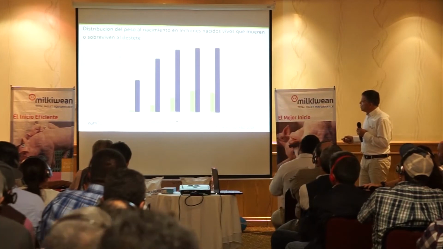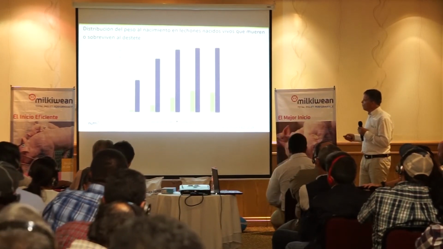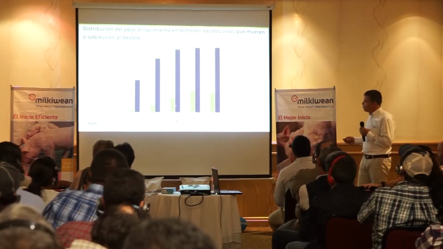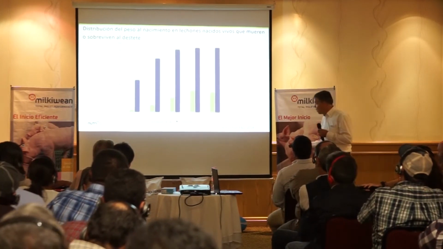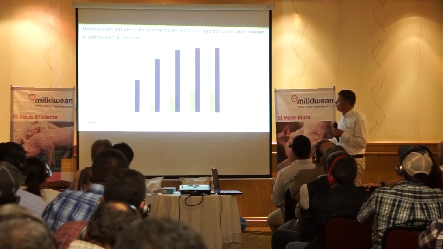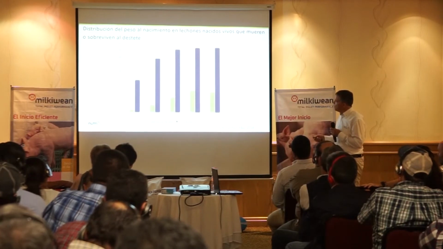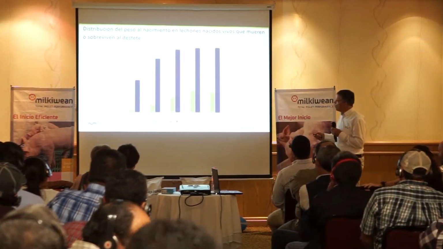You see that the majority of the piglets have a birth weight of more than 1 kilo, but around 15% of our piglets have a birth weight of less than 1 kilo. And you see that there we have the highest mortality, so the lowest survival rate.